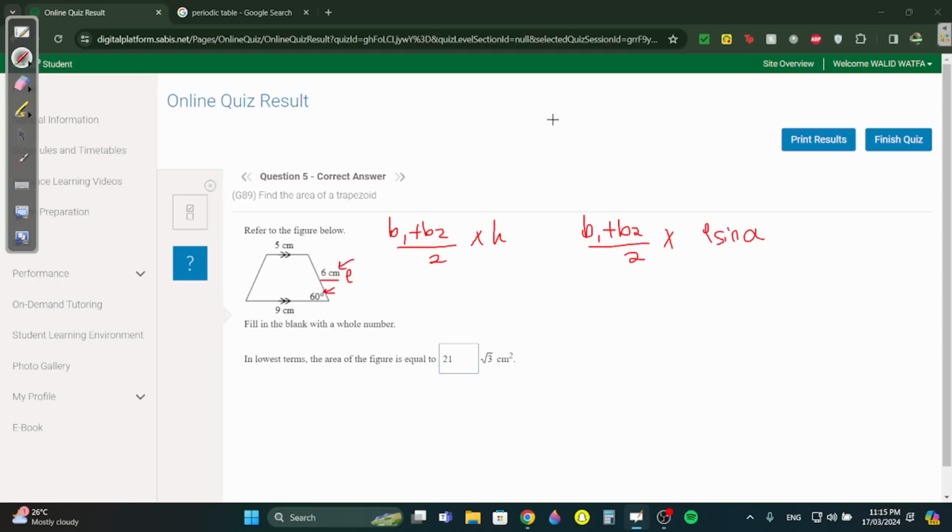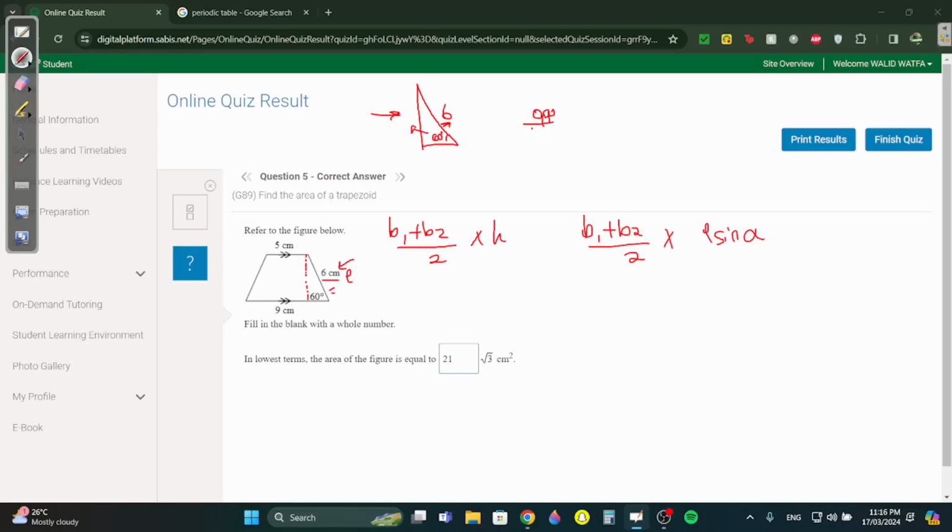To understand it, you can see we want this height, and this forms a right triangle, which has 60 degrees over here, and which has 6 over here. We want this side. This is opposite, and this is hypotenuse.